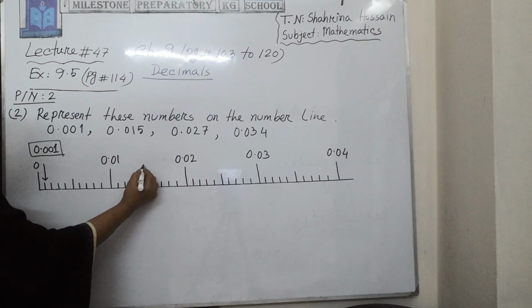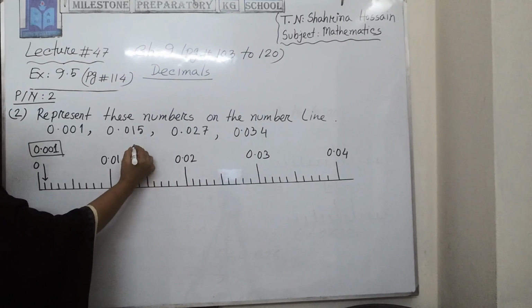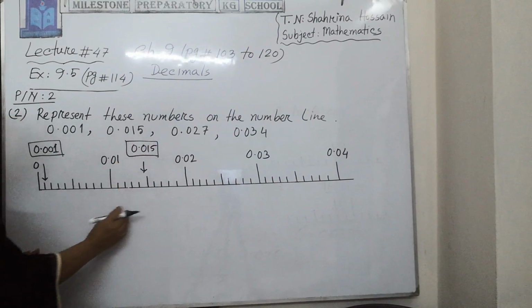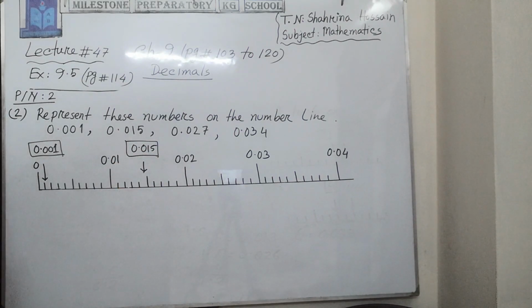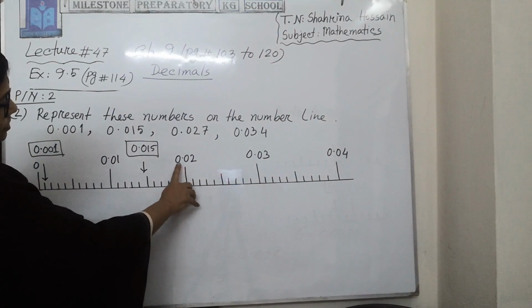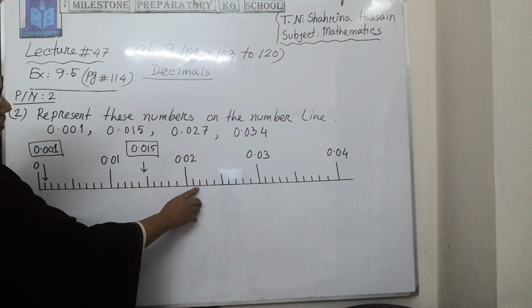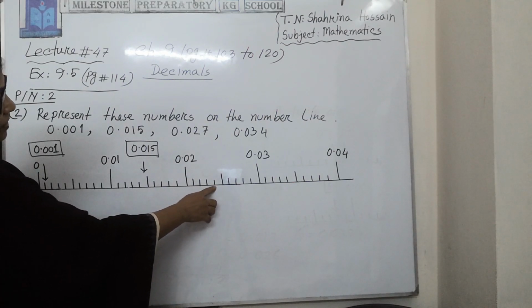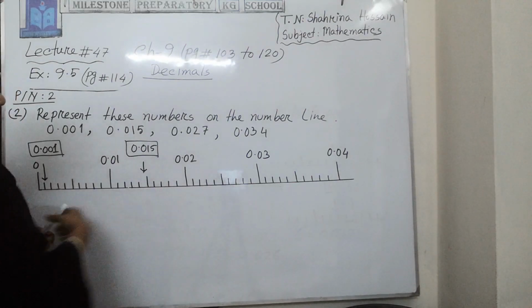Okay, this is 5, 0.015. Now see, there is 0.02, so 1, 2, 3, 4, 5, 6, 7.